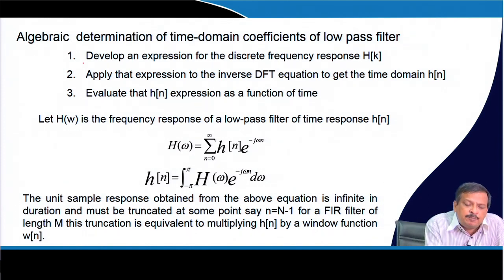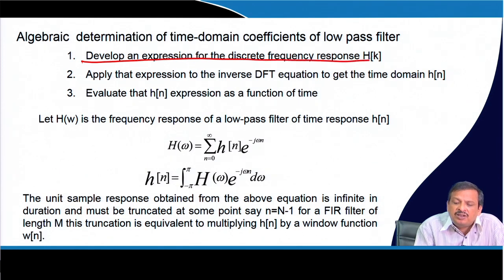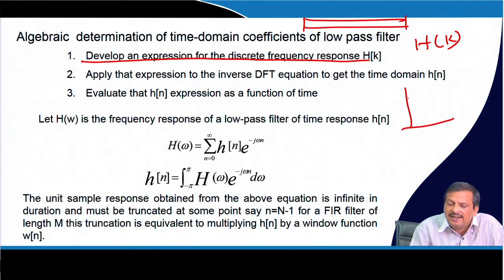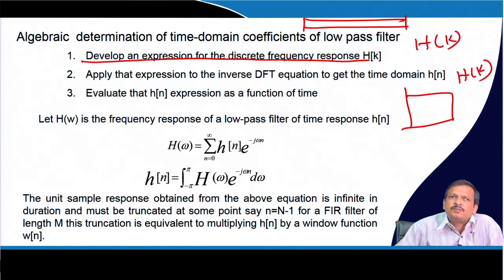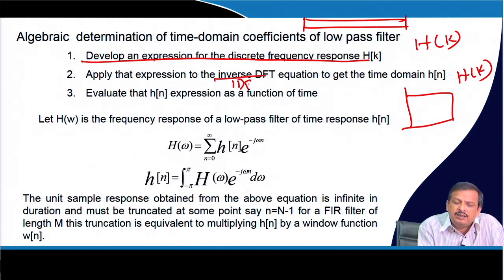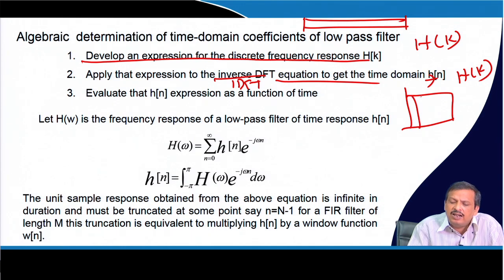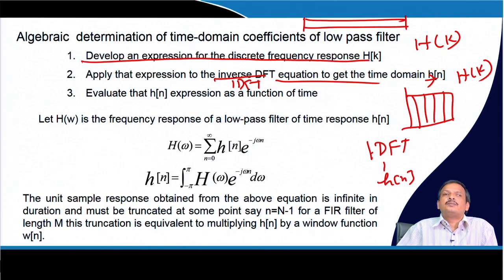Develop an expression for the discrete frequency response H of k from the given specification, where k is the discrete frequency. Then apply the inverse DFT, or IDFT, to get h of n. Once I know H of k, I can use the IDFT to get h of n. So this is the procedure.